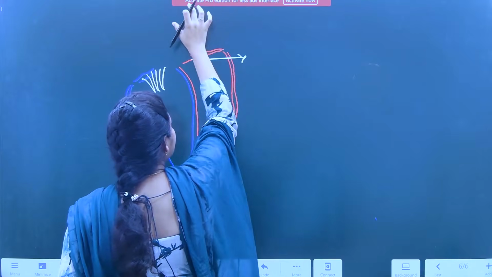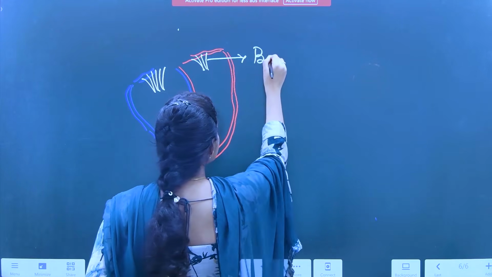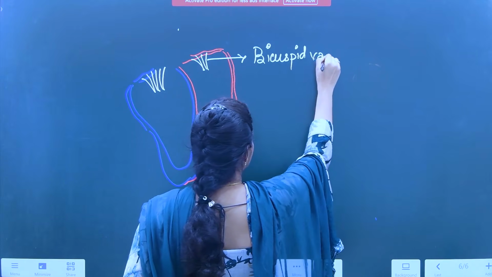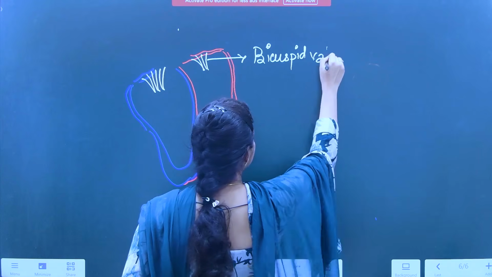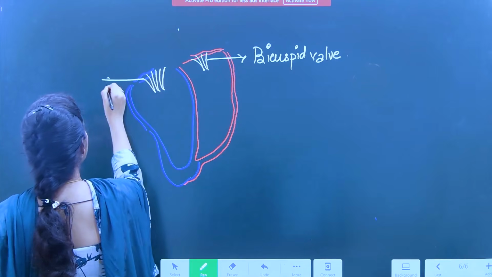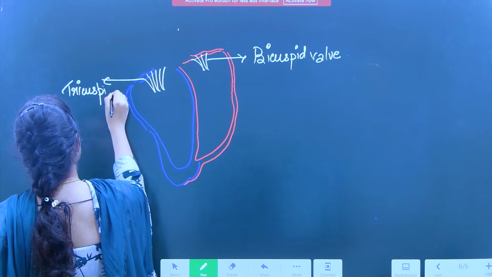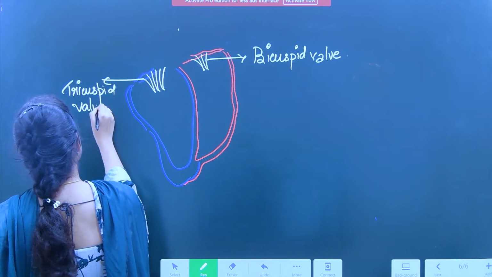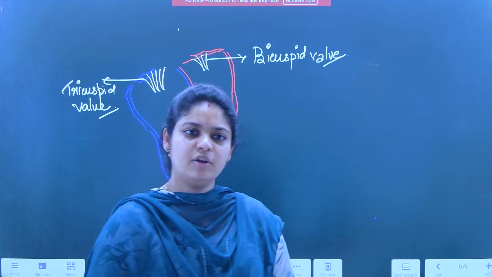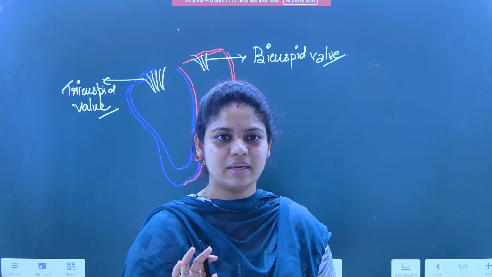The opening of the left atrium to the left ventricle is guarded by the bicuspid valve, whereas the opening of the right atrium to the right ventricle is guarded by the tricuspid valve. Understood? Okay.